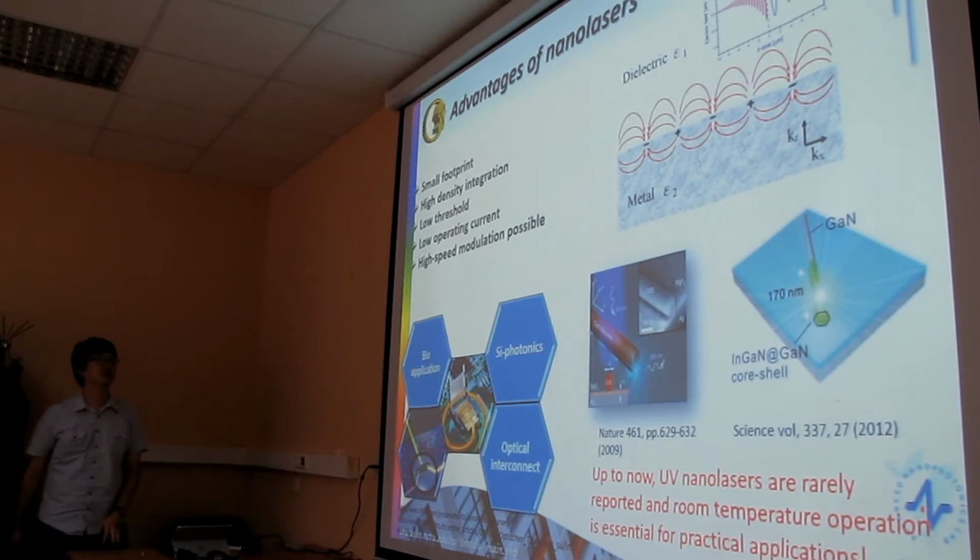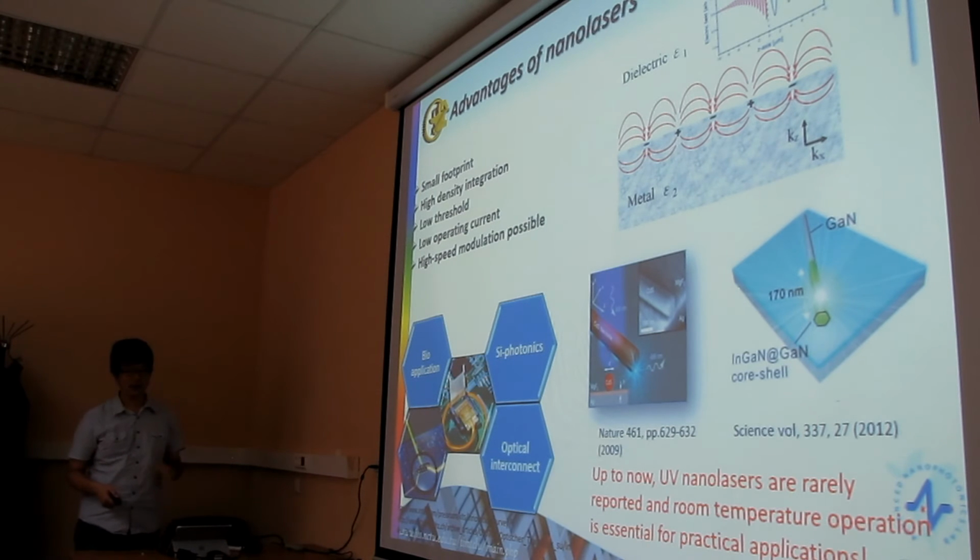So why do we want a laser with a nanoscale size? It has a small footprint, and since it is small, the threshold and the operating current will be much smaller. Because it is made of metal, it is a kind of lossy material, so it can be used in high-speed modulation.